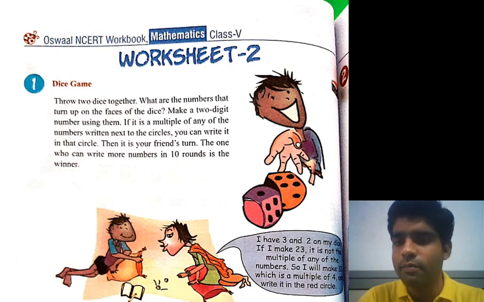I make the number 23. 23 is not a multiple of 2 and 3, because the 2 table has 24, not 23, and the 3 table also has 24, not 23. It means that I make the 23. It is not a multiple of any of the numbers, so 23 is not a match.